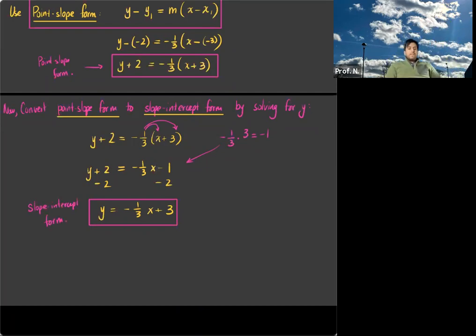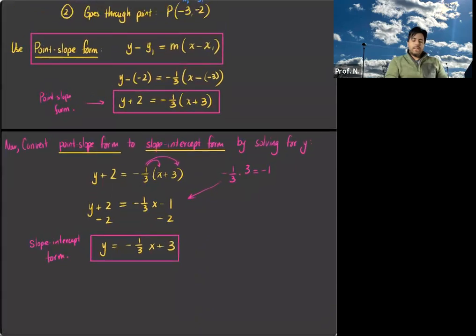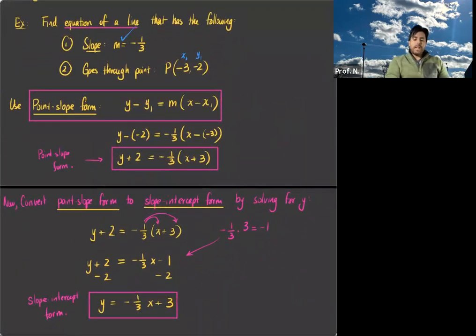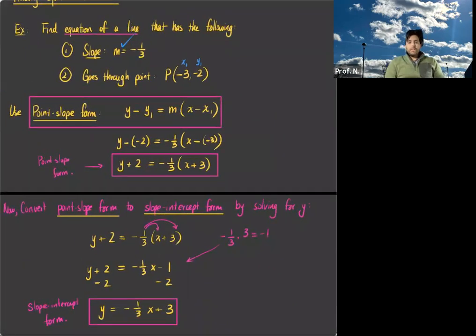Okay. So given a point and given the slope, I can find the equation of a line by the point slope form of the line. And then I can convert it to slope-intercept form just by solving for y.